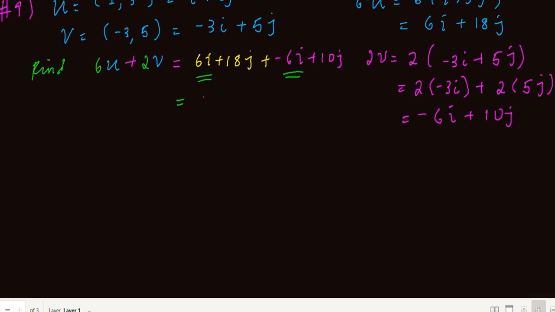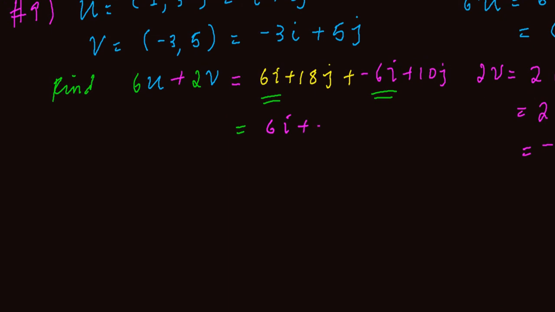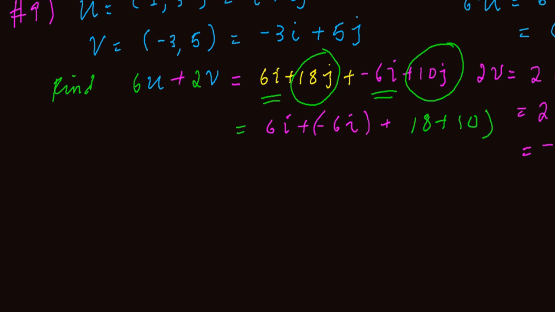So we get 6 plus minus 6 in the i direction, and then we add together those in the j direction, so we have 18 plus 10. So finally we get 6 minus 6 is 0 in the i direction plus 18 plus 10, which is 28, in the j direction. So we get finally 28 in the j direction.